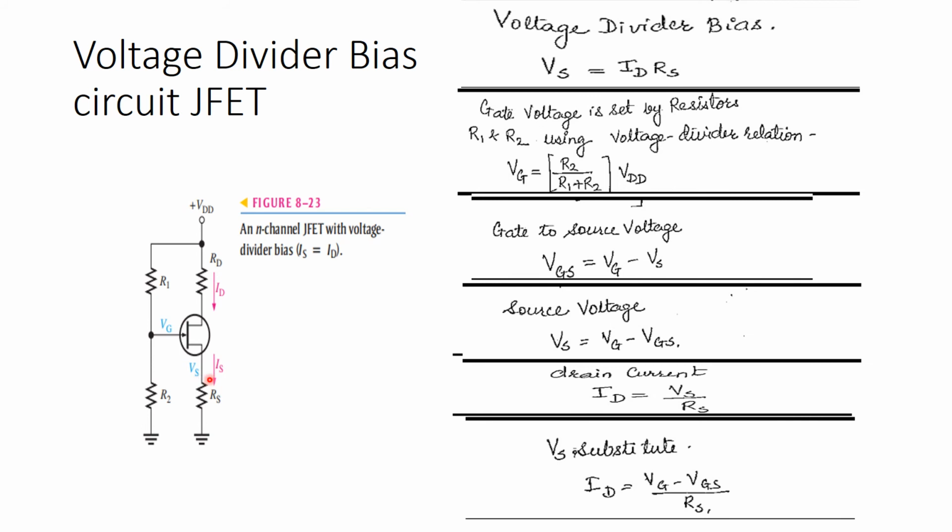So the source voltage is the difference of Vg minus VGS. Drain current ID is Vs upon RS. So if we substitute the value of Vs as Vg minus VGS, we get the relation ID is equal to Vg minus VGS upon RS.